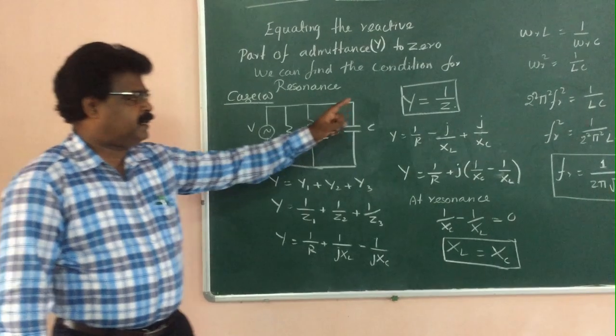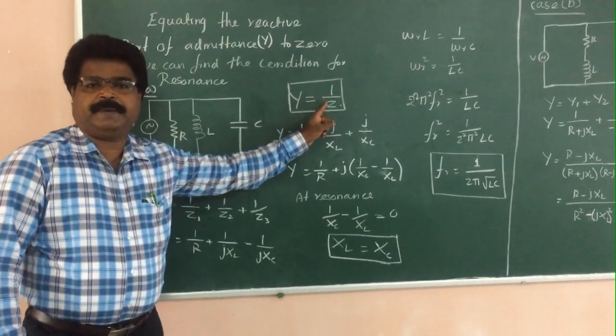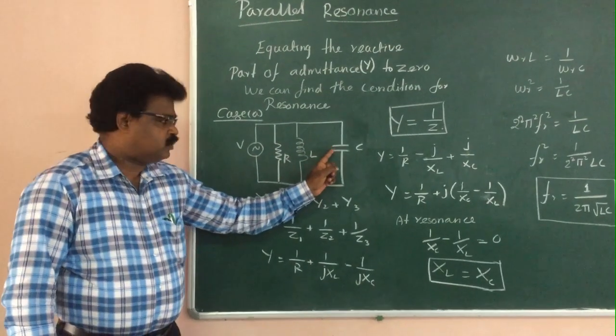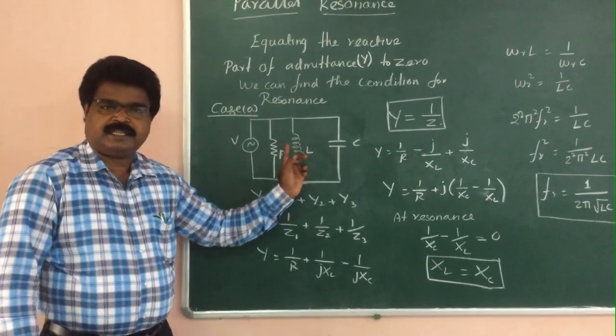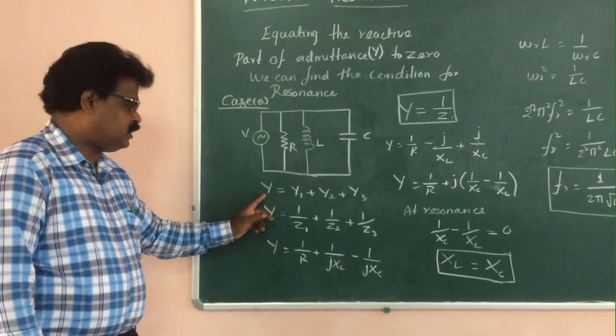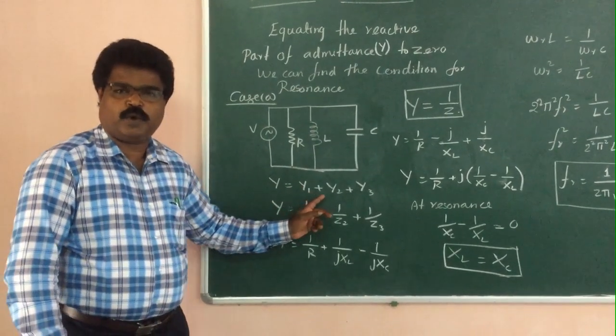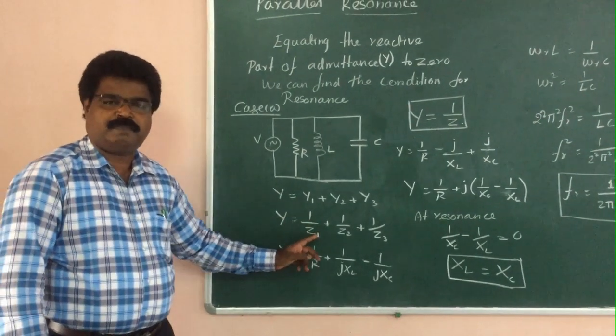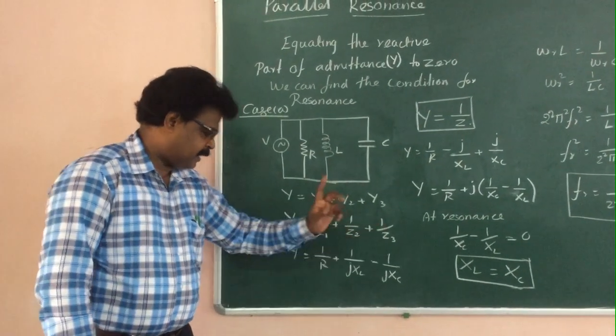You know that admittance is equal to 1 by impedance. Here 3 parallel branches are there. So Y is equal to Y1 plus Y2 plus Y3, so Y is equal to 1 by Z1 plus 1 by Z2 plus 1 by Z3.